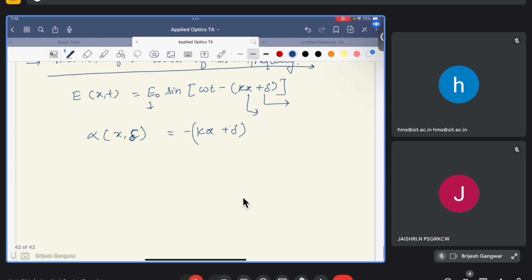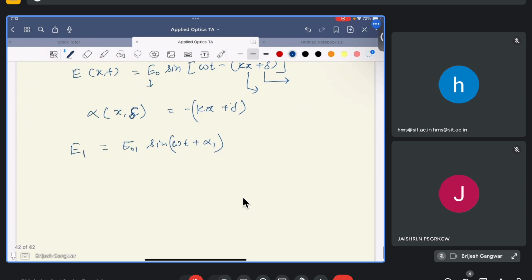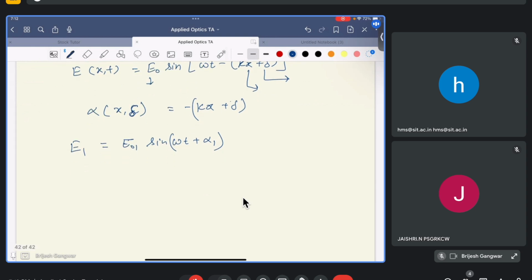Now we can consider two waves: E1 = E01 sin(ωt + α1), and because we have the same frequency, there is only ω, so the second wave is E2 = E02 sin(ωt + α2).